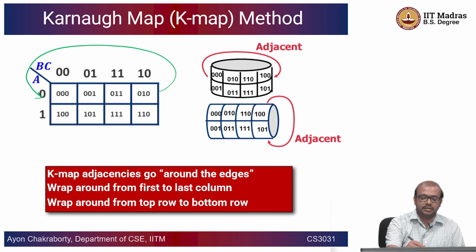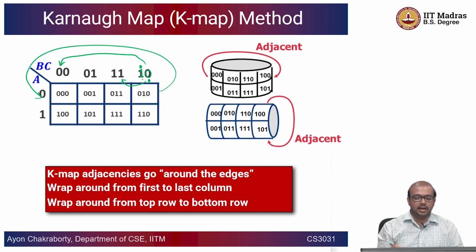So, you can see 1 0, if you flip this last bit, it will come here. If you flip 0, it will become 1 1 and come here, but if you flip this particular bit, it is again going to go back to 0 0.